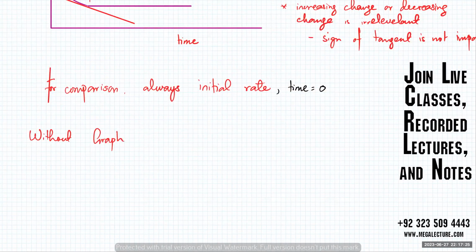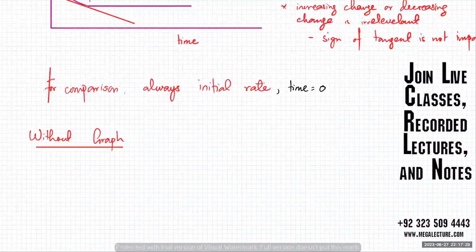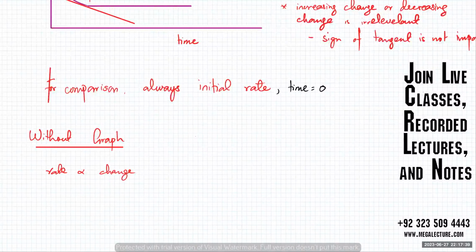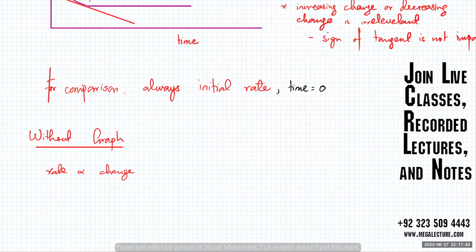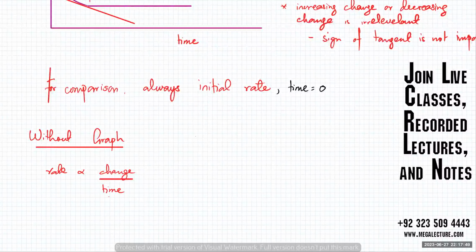So let's say now you don't want to plot a graph. Rate is what changed with respect to time, right? So what you're going to do is get rid of change.